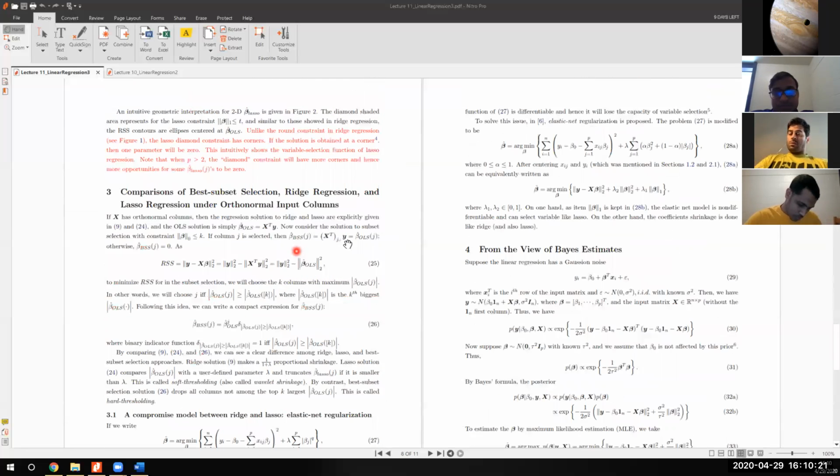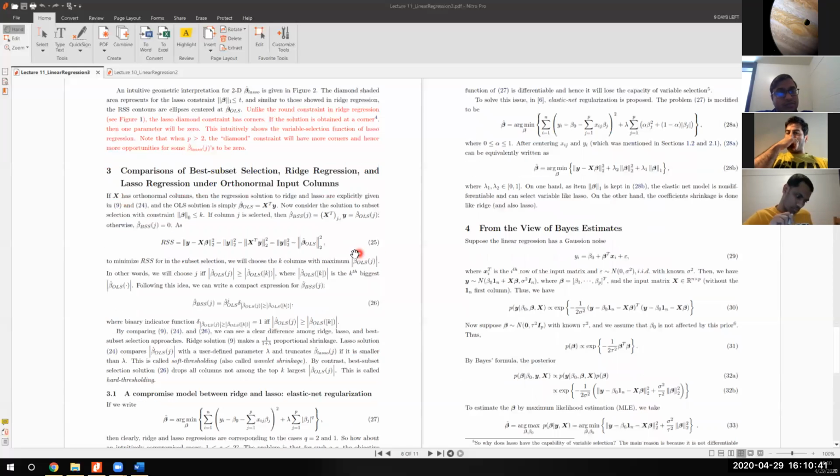After it, let's have a very simple comparison between the Lasso and ridge regression. First of all, let's look at the case again when X has orthonormal columns. From what we have seen, let me see. What is this part? Okay, this part is the best subset selection part.